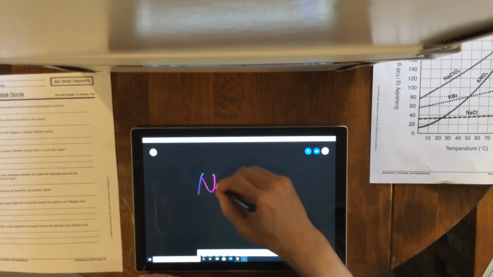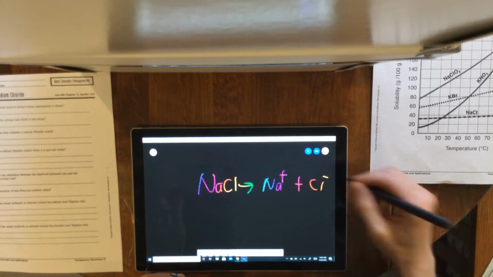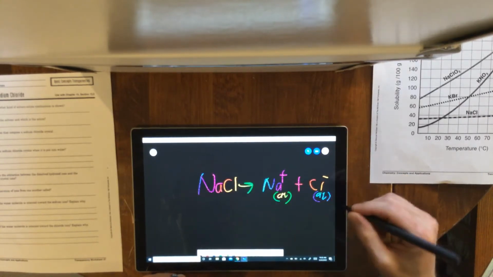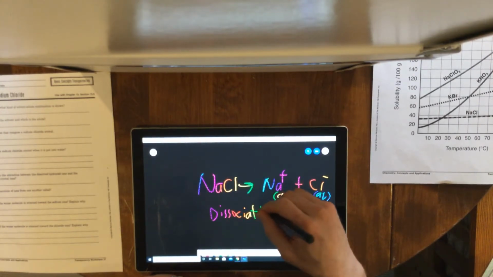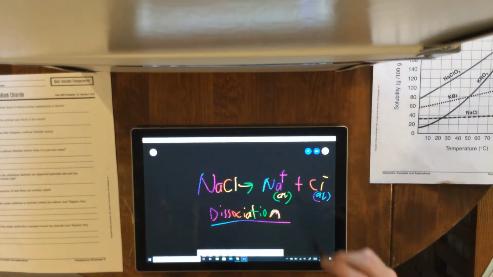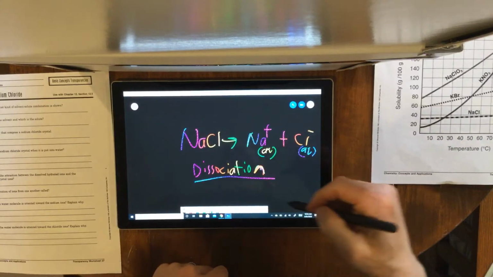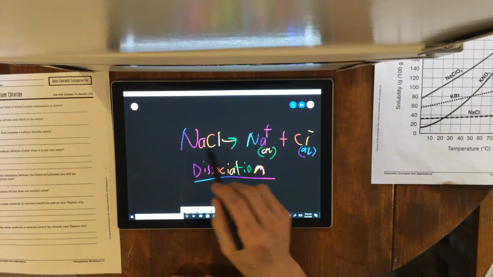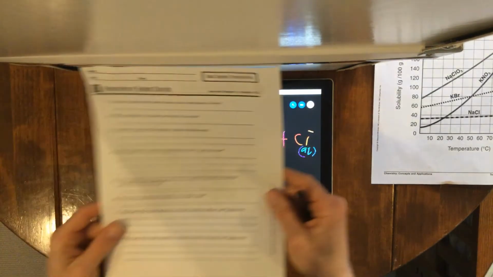When you have NaCl dissociating in water to Na+ and Cl-, aq, that's called dissociation. When you put salt in water, it dissolves, but dissociation is what it's called specifically when ionic compounds break apart into their ions. Okay.